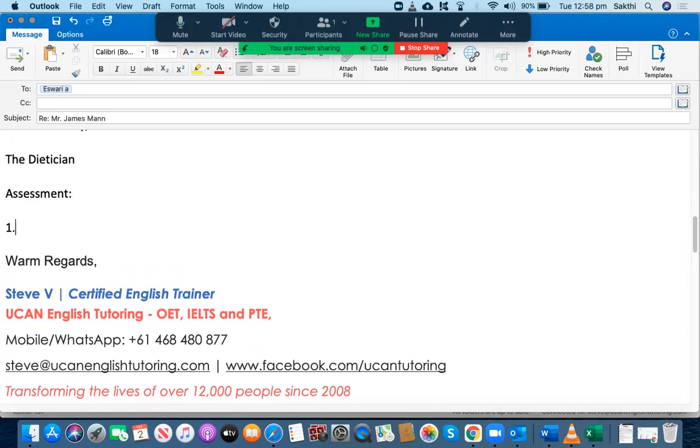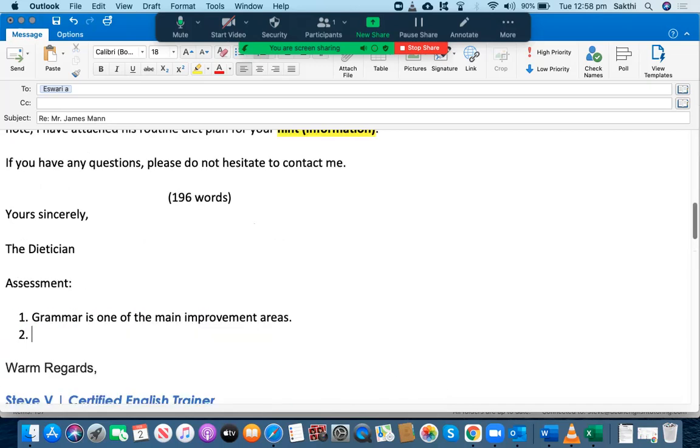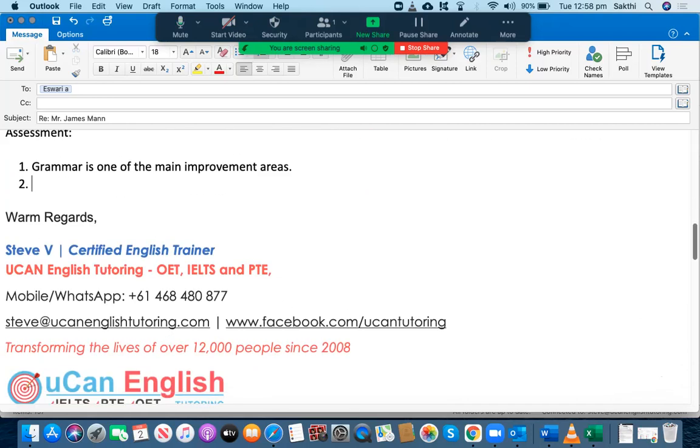As far as the grammar is concerned, it is one of the main improvement areas, because she has committed lots of mistakes in the way she has written down the sentences. Okay, that's one thing. And then the other issue is the placement of commas.